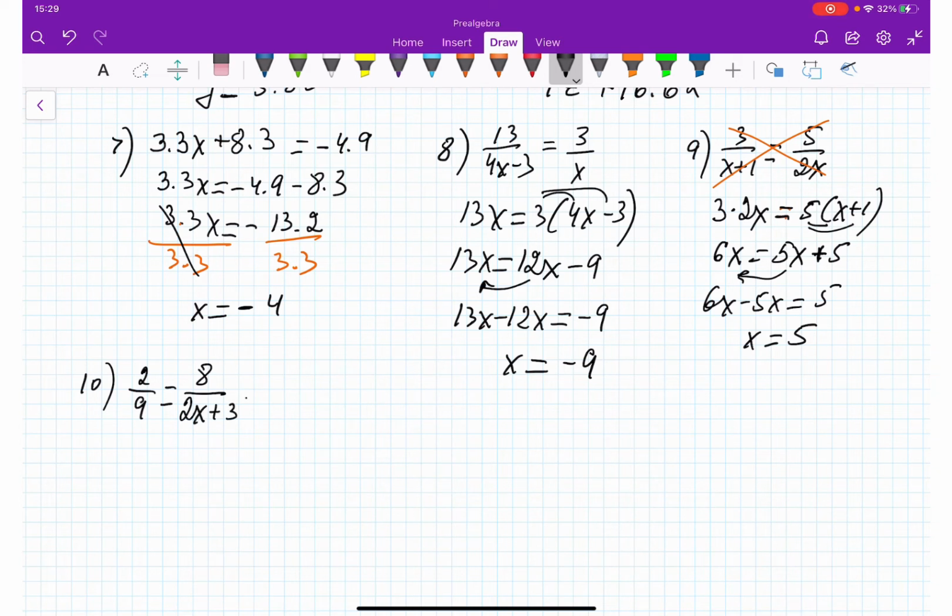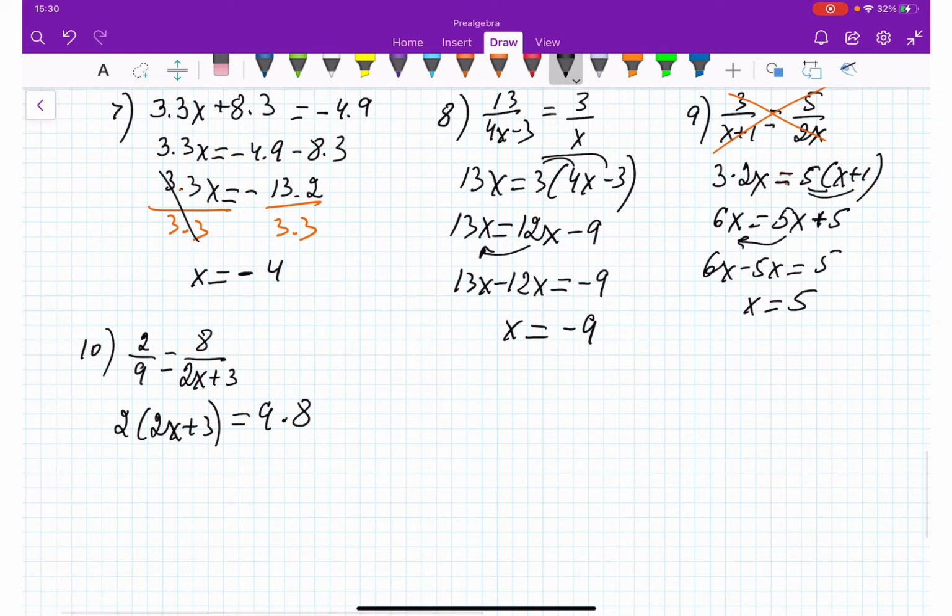Now, you can treat it, like I said, as an equation and bring it to a common denominator, which in this case will be 2x plus 3 times 9, which means the left side you have to multiply by 2x plus 3, the right side by 9. So it's shorter, it's easier to treat it as a proportion because it is a proportion in this case. All right, so it's going to be 2 times 2x plus 3 equals 9 times 8.